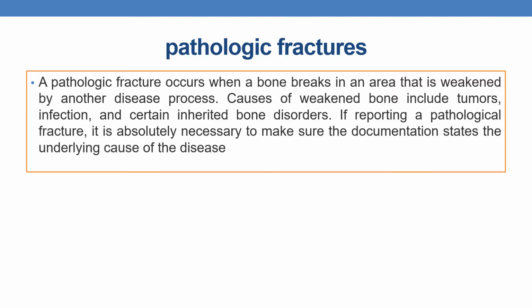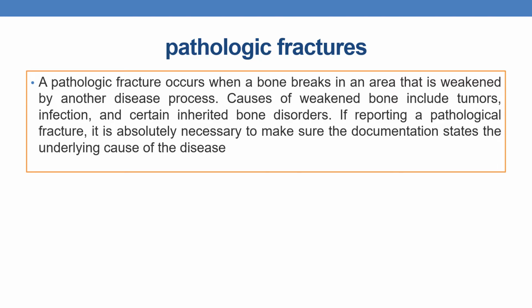Whenever you are reporting the pathological fracture, you must keep in mind that documentation should clearly state the underlying cause. And along with the pathological fracture, if a combination code is not available, you need to code the underlying condition also.